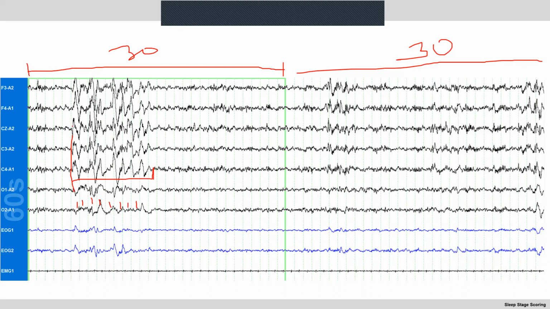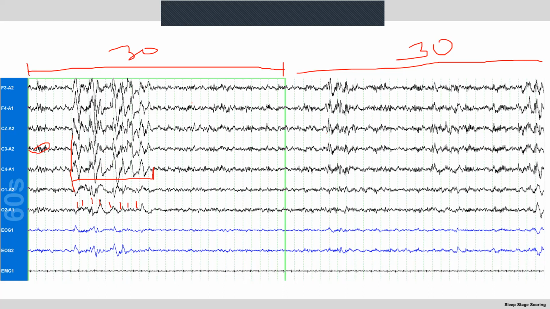Since slow wave activity is present, that is called N3. Even if some spindles are present sometimes, that doesn't matter. You can see some spindle is there. So spindle may be present in N3, but this is N3 stage because of the slow wave activity.